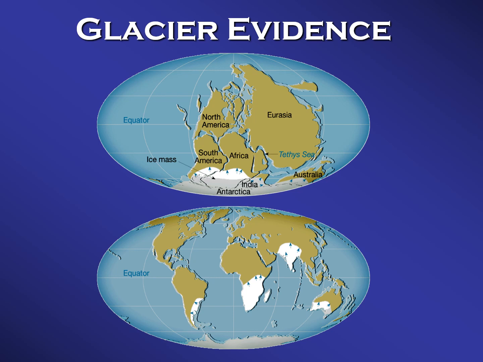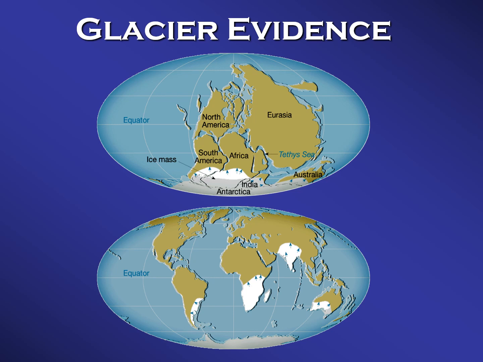Another piece of evidence that he had observed was that there's evidence of glaciation in places that today would never have glaciers, especially in India, which is fairly tropical, and you would never expect glaciers, at least except in the highest mountains in India today, but there's pretty good evidence that there have been glaciers there.